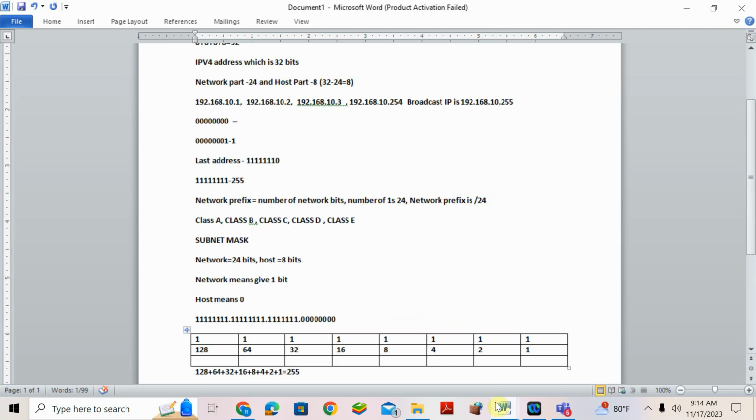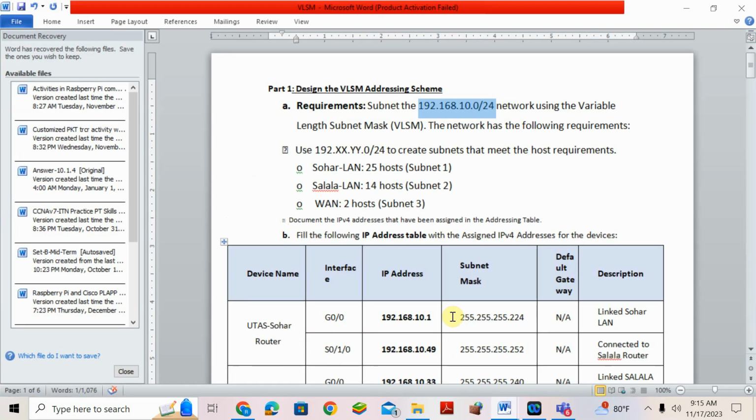Now we go for the exact question. See, the network given is 192.168.10.0. As I told you, this is a class C 24-bit network, 8-bit host. Now what is subnetting? Maybe I have a department with 3 different sections: networking section, IT section, math section. I will give a different subnetwork to each section.